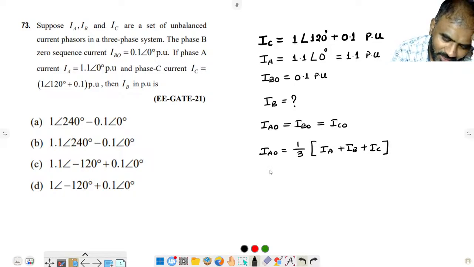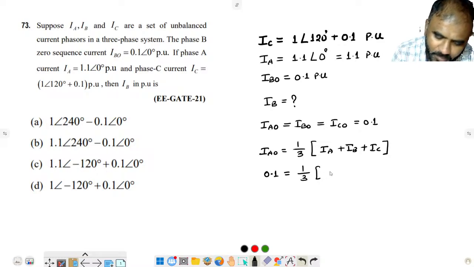Now, if you try to calculate IB, see, IA naught, let's substitute. IA naught is the same as IB naught, that is 0.1. So 0.1 is equal to 1 by 3 times, yes, I need IB.